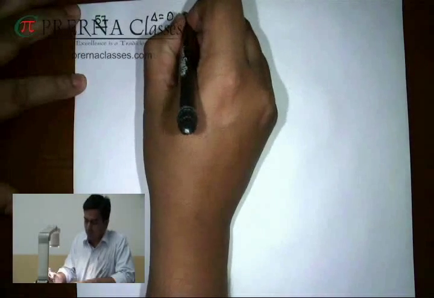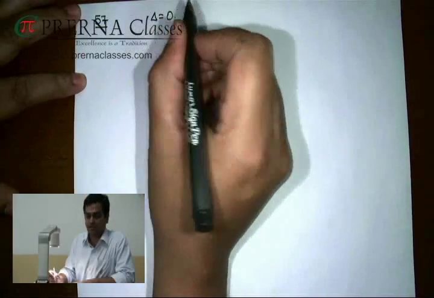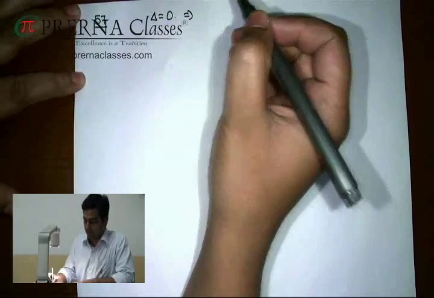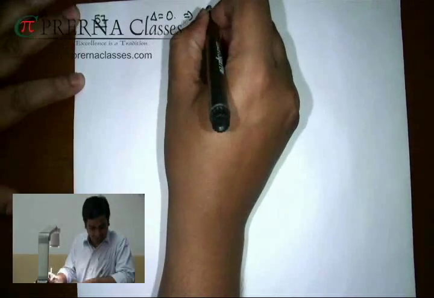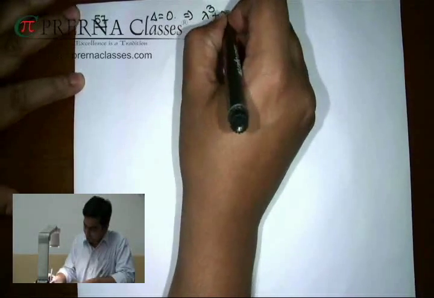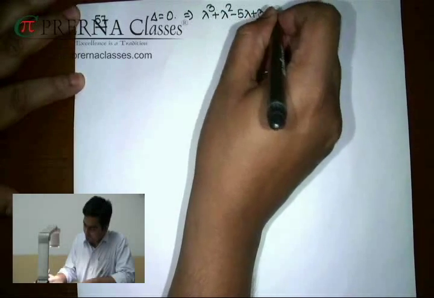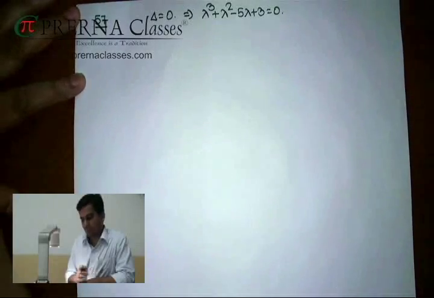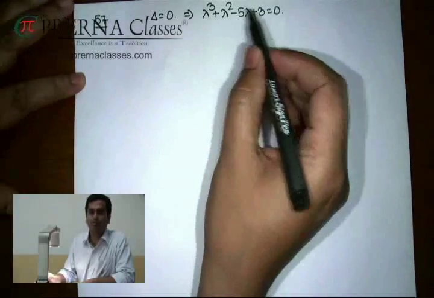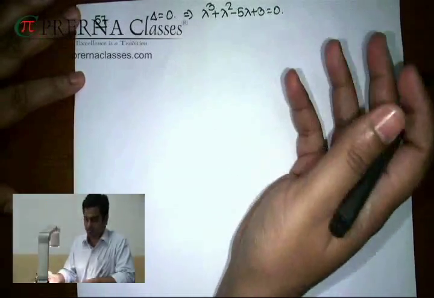If you figure out the value of that 3 by 3 determinant, you will end up getting a cubic polynomial in lambda, and on the basis of this cubic, you just have to point out how many real values of lambda exist.